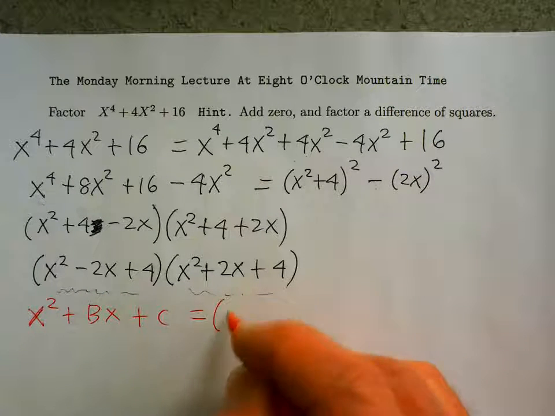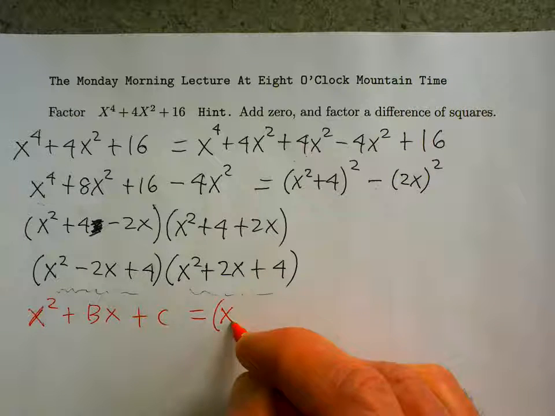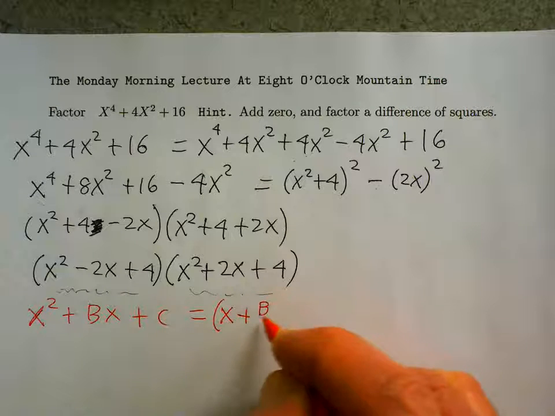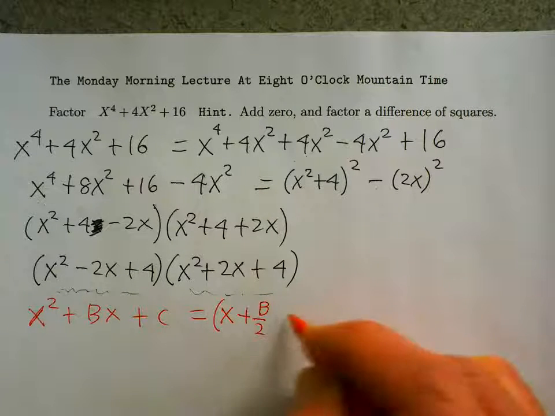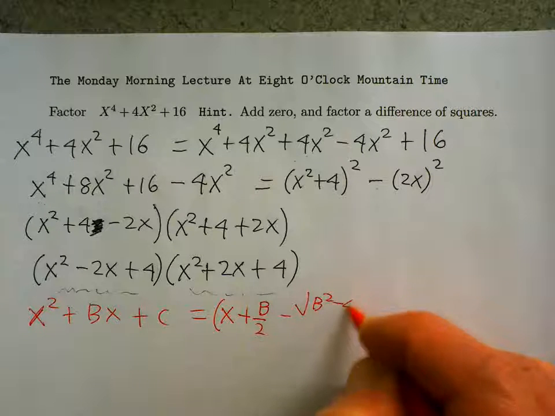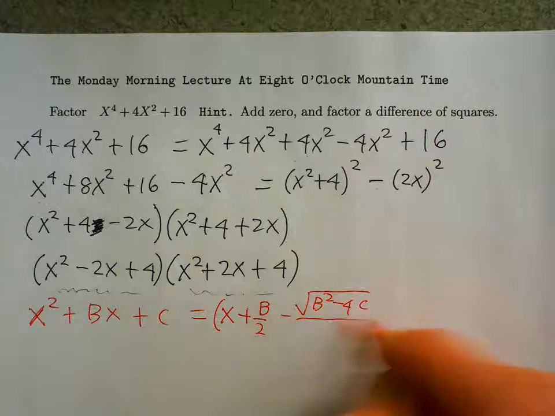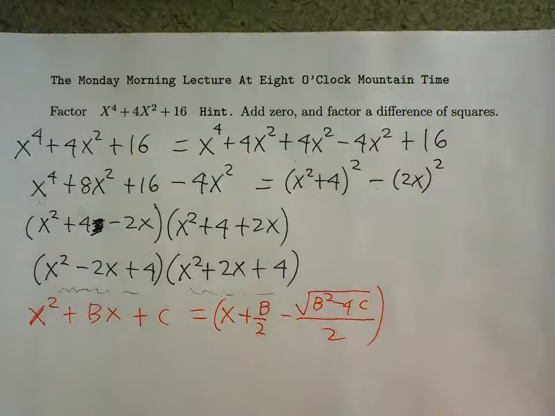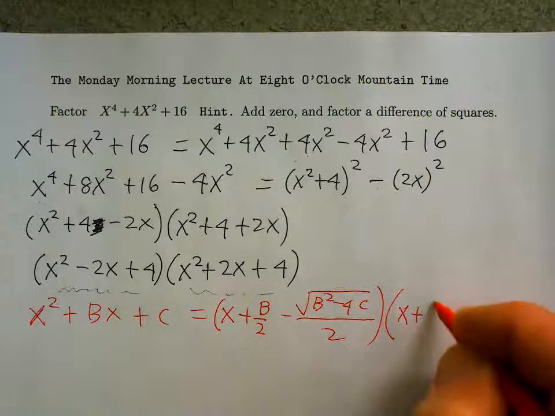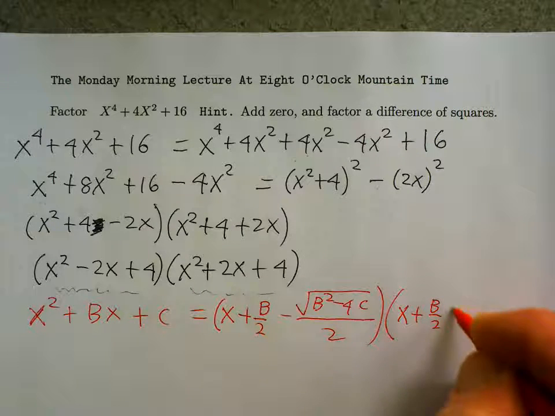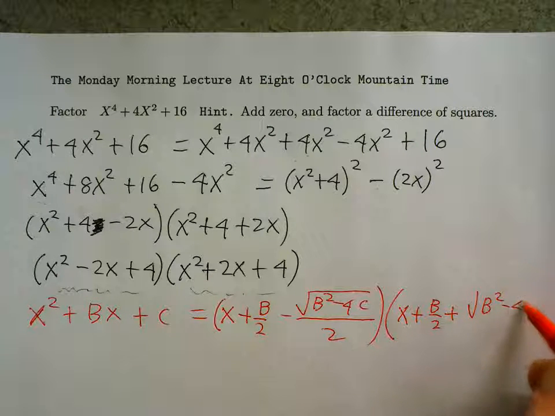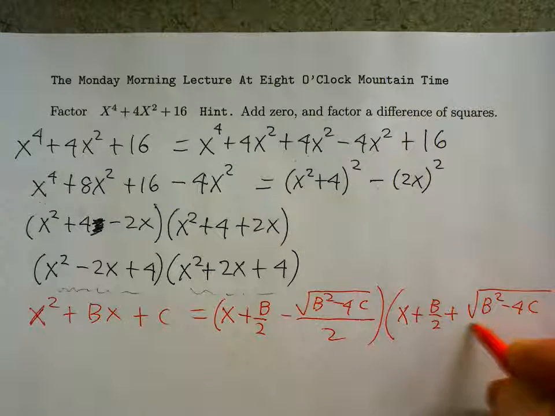One factor is x plus b over 2 minus the square root of b squared minus 4c, all over 2. And the other factor is x plus b over 2 plus the square root of b squared minus 4c, over 2.